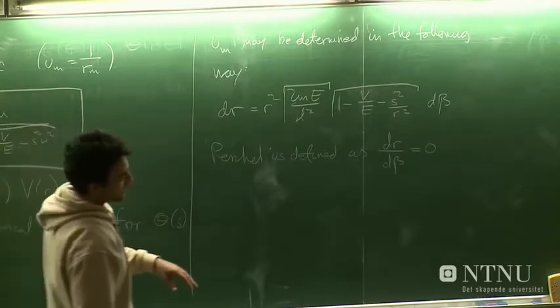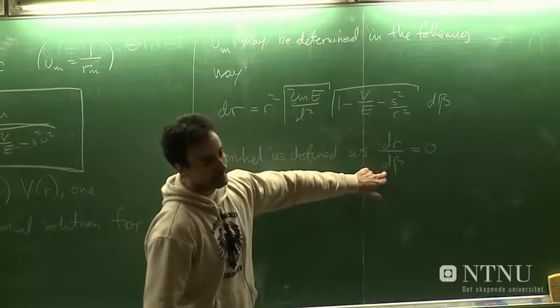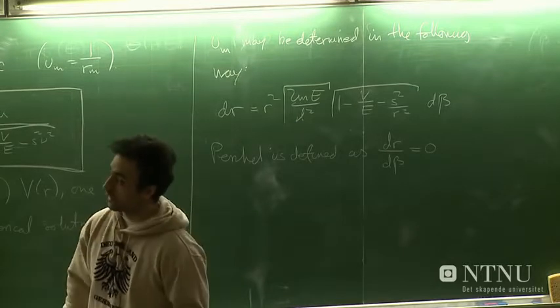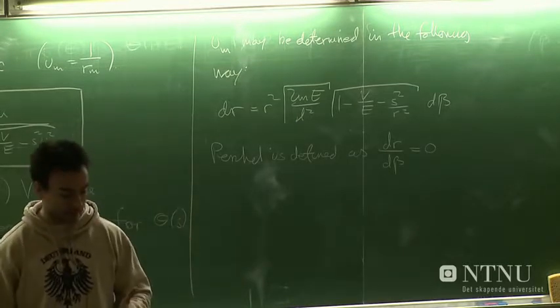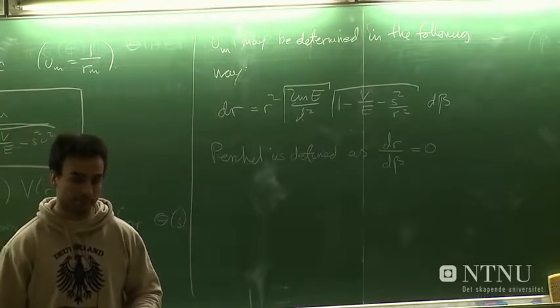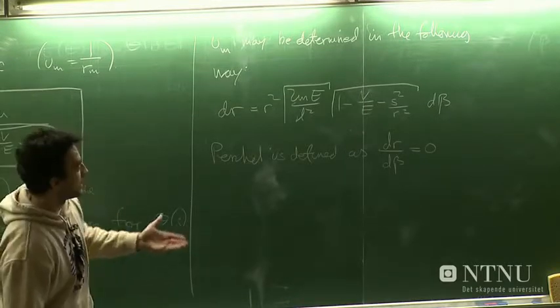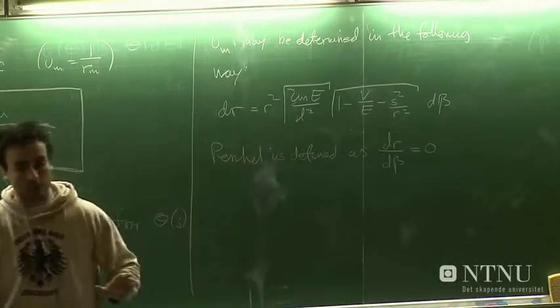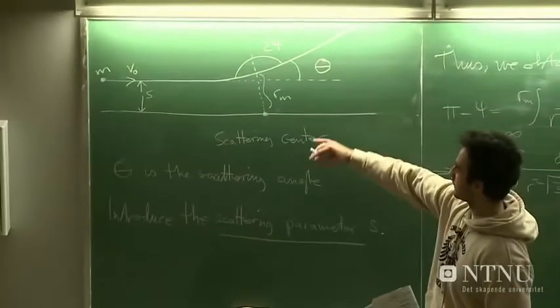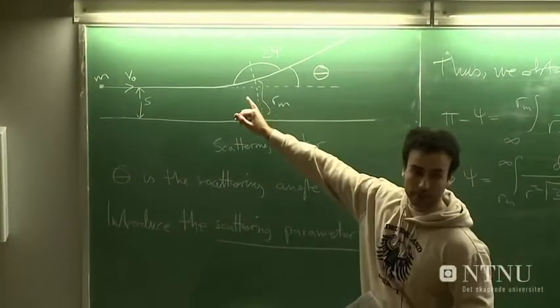And we can understand this by noting that this means that r as a function of the angle of the trajectory is a minimum. So it has to be the minimum, the perihel, since we have no local maximum. We only have a local minimum.